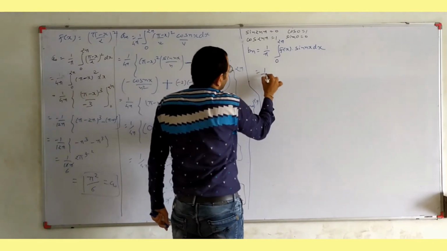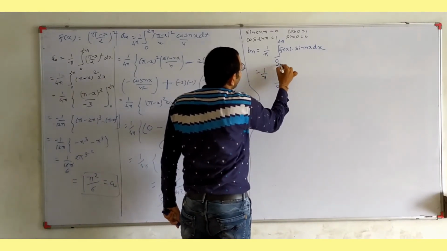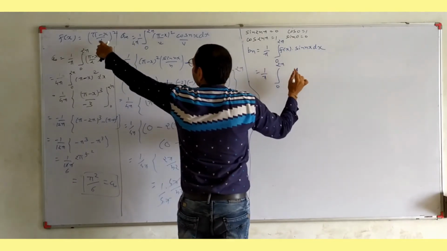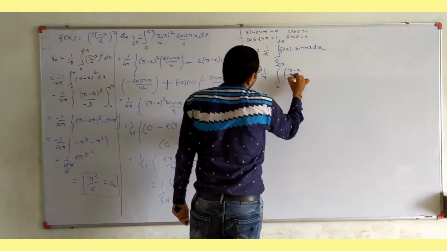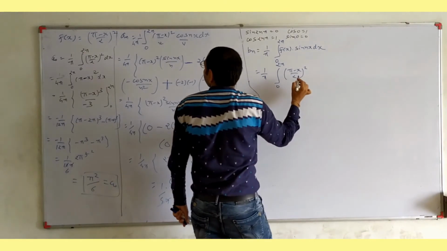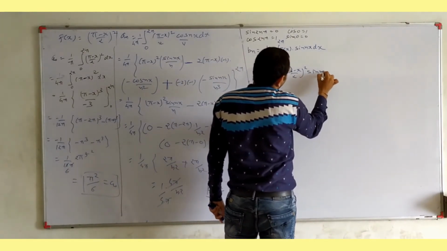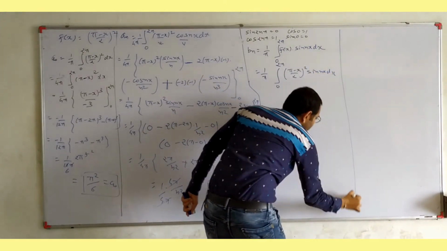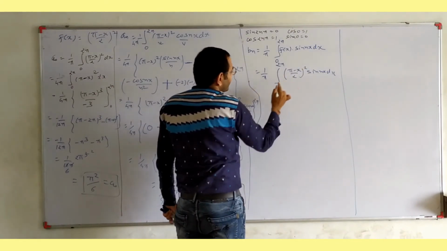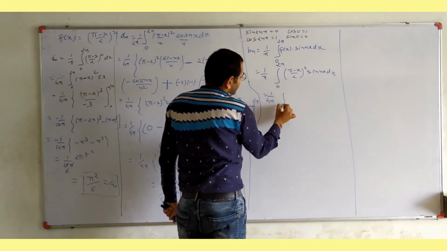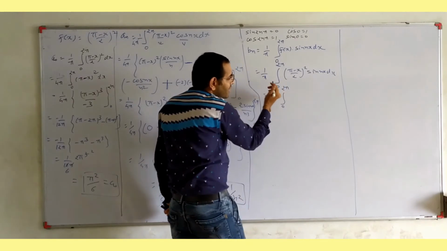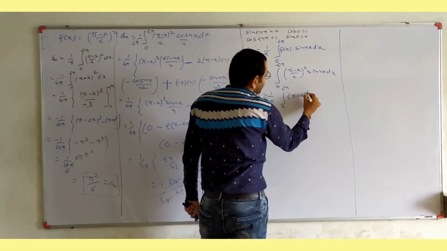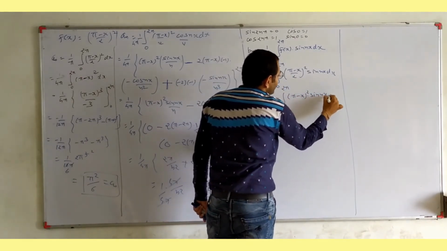Then here 1 upon pi integral 0 to 2 pi f of x, that is our pi minus x by 2 whole square into sin nx dx. Then 2 square is 4, so 1 upon 4 pi outside the brackets. Then pi minus x whole square sin nx dx.